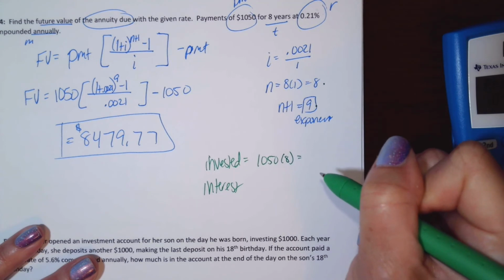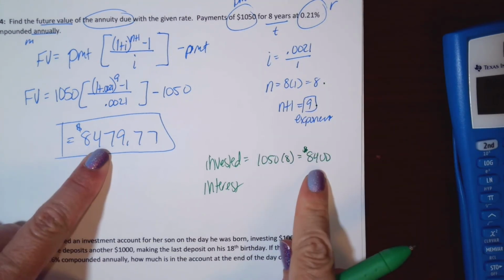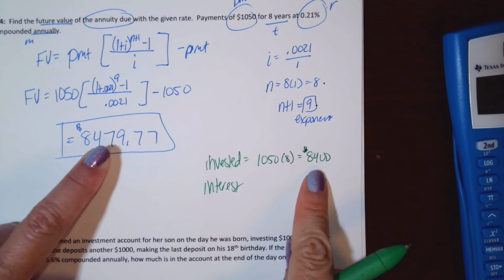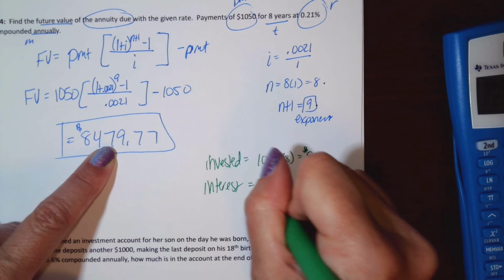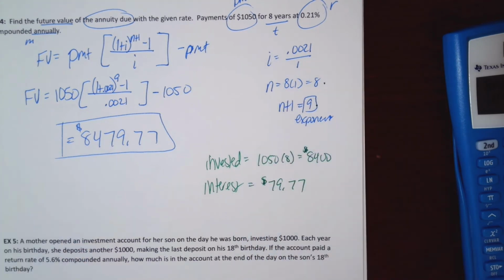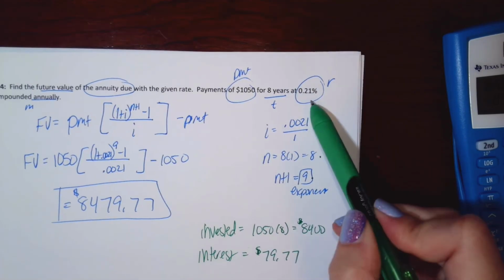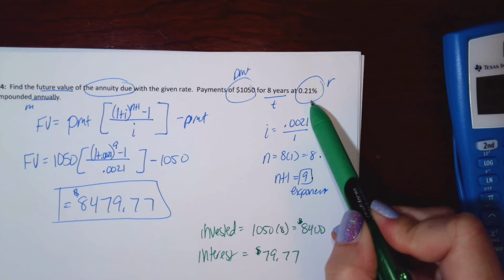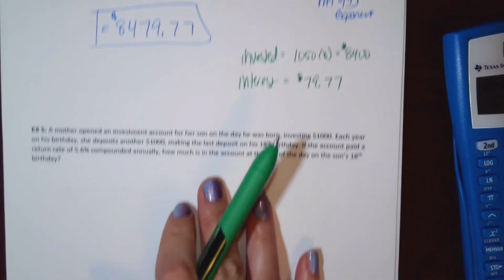So you do 1,050 times 8, which is 8,400. And the difference between the total in the annuity and the amount invested is just $79.77. Does that make sense? That's not a lot of interest for 8 years, right? Well, yes, because my interest rate was tiny. It's less than 0.5%. It's just 0.21%.